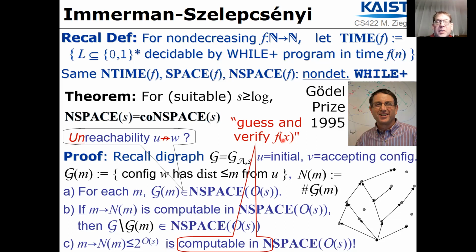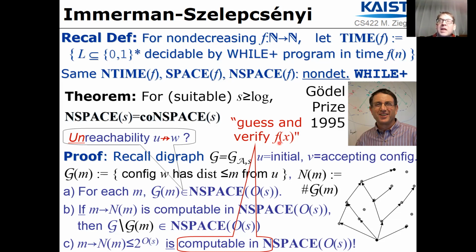Otherwise it would be conceivable that a non-deterministic algorithm for one sequence of guesses outputs this number, for another sequence of guesses outputs this number. And this is prohibited here by the definition that I'm explaining. So whenever the algorithm realizes that the guesses have been unsuitable, unsuccessful, then the algorithm must abort the computation. If it continues and finally outputs something, then it must be the same and the correct value f of x.